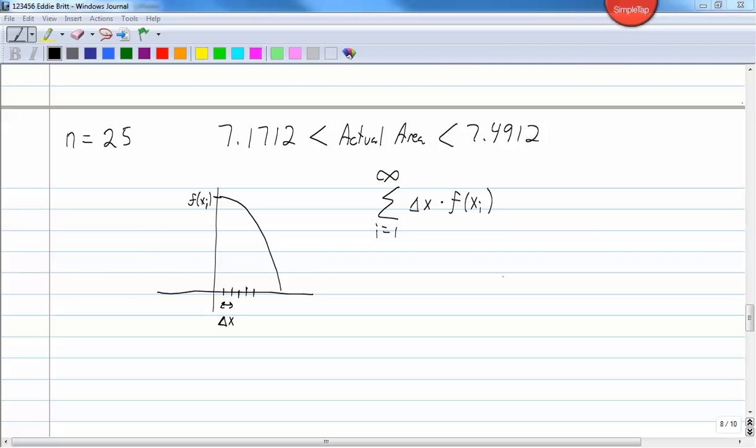And so what we're actually doing can be related to an integral.